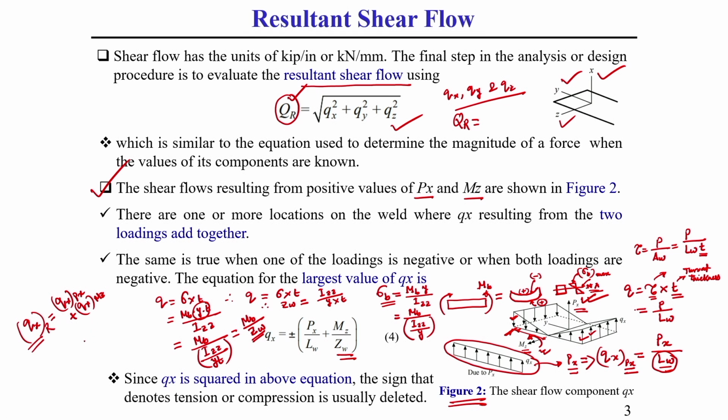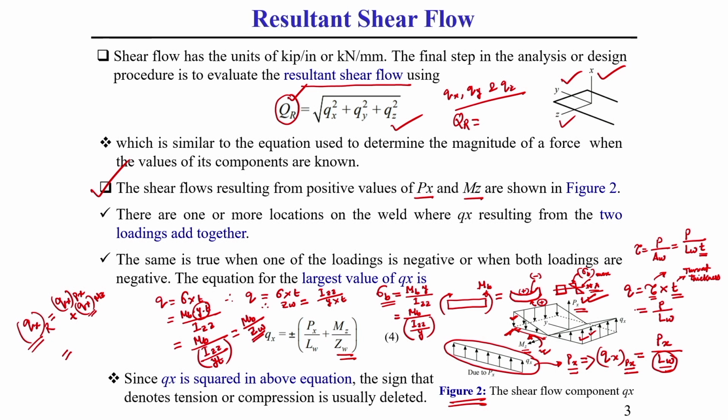Okay. So, we should always consider the maximum value of Qx, and you should choose that location where Qx due to Px and Qx due to Mz are adding. What I am telling, understand?